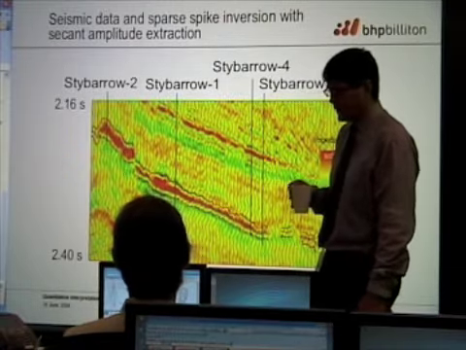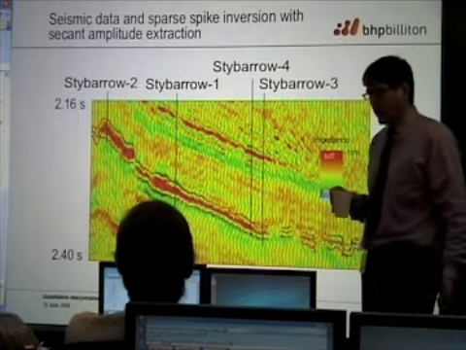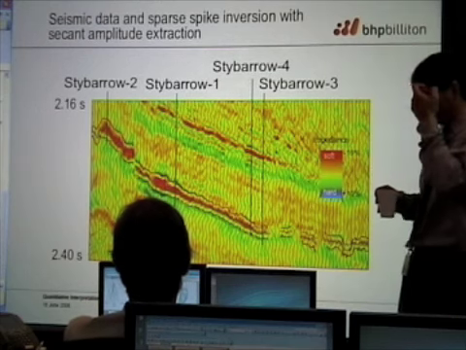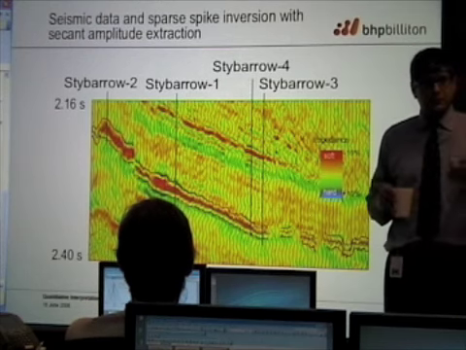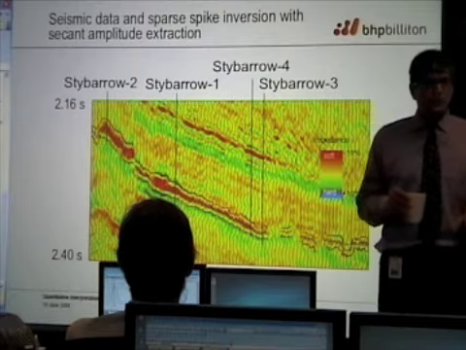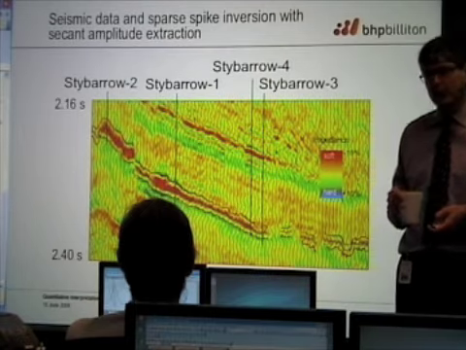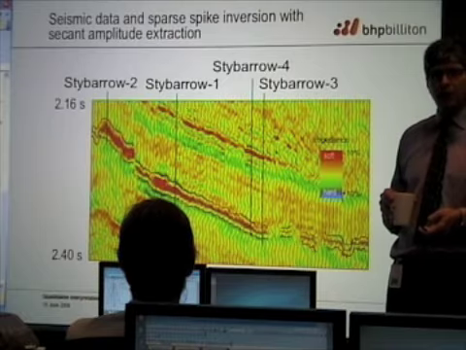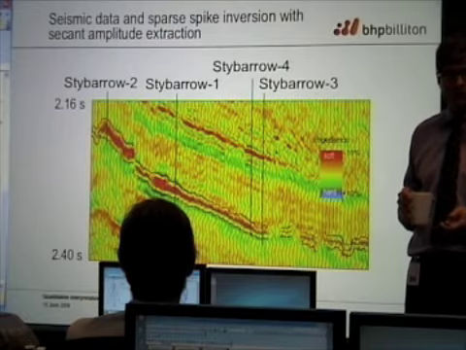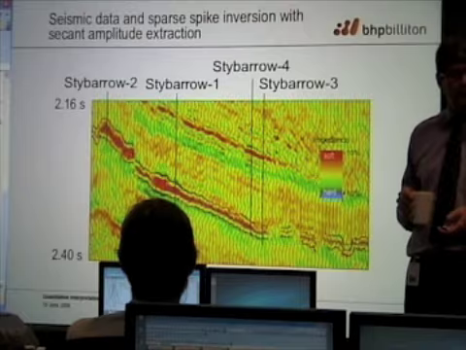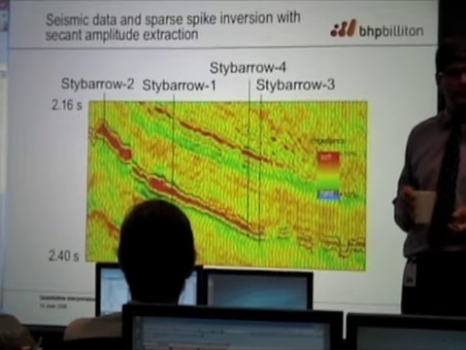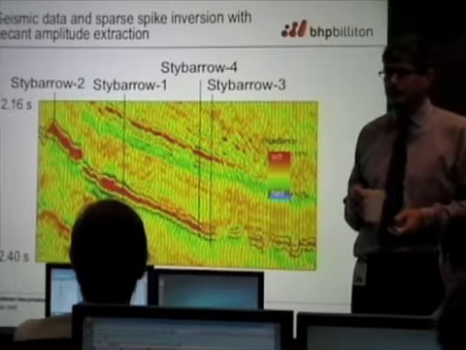And how do we extract amplitudes? Our preferred method, if we can do it, and you'll see why in a second, is what's called a sparse spike inversion, or I like to call it a sparse spike aggressive final deconvolution of the data.